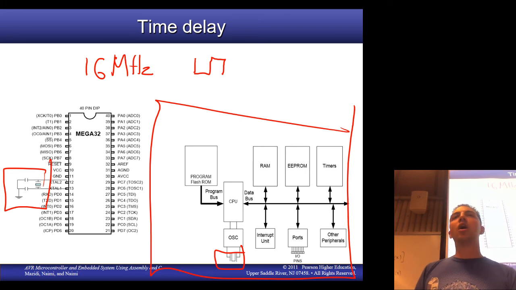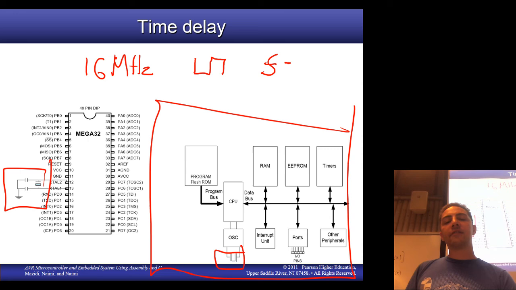Now, how long does 1 cycle last? Well, the frequency is 16 megahertz, and frequency is inversely proportional to the period.